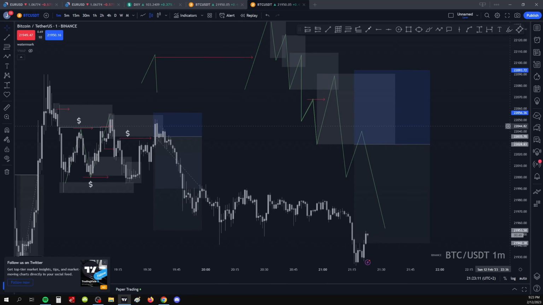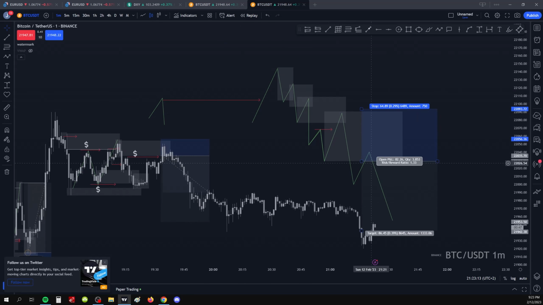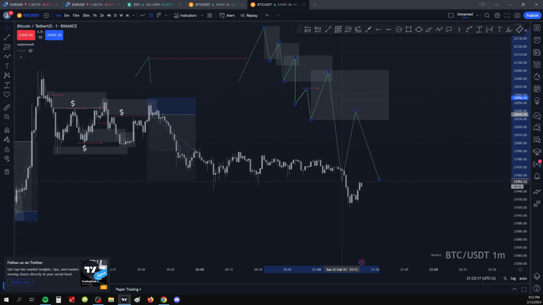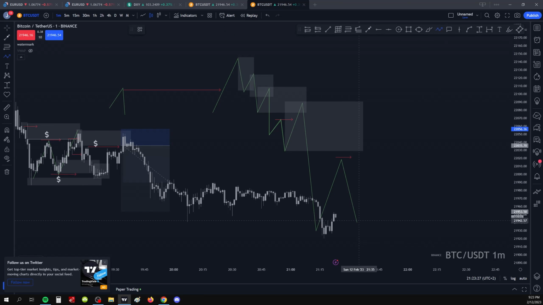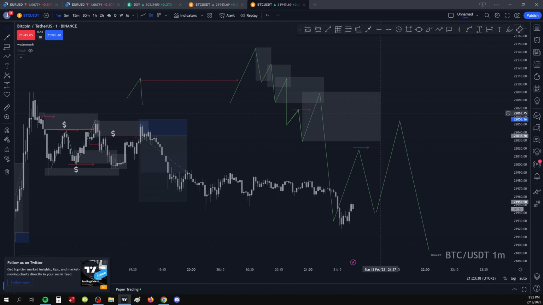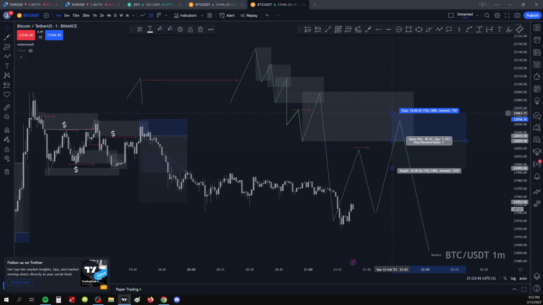So usually you can just enter right here. But in this case, what it did, it went down a lot, then created a new high here, and then it mitigated properly. Okay. And then went down. This is what happened here. So now this is your entry.